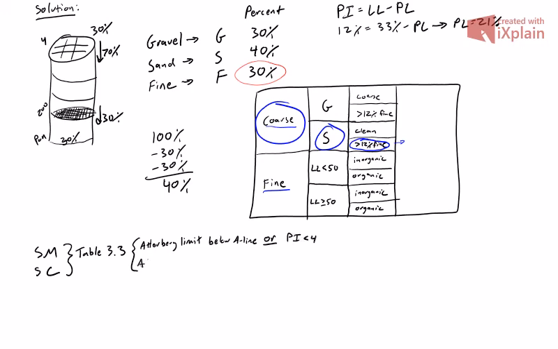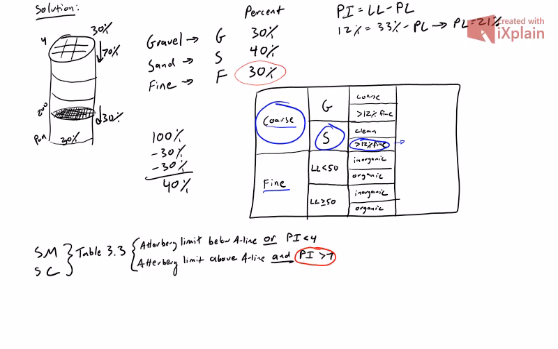For SC, it says that the Atterberg limit is above the A line and the plasticity index is greater than 7. Okay, so we have a plasticity index of 12. That is a number that is greater than 7. So we've met one of the conditions for SC.